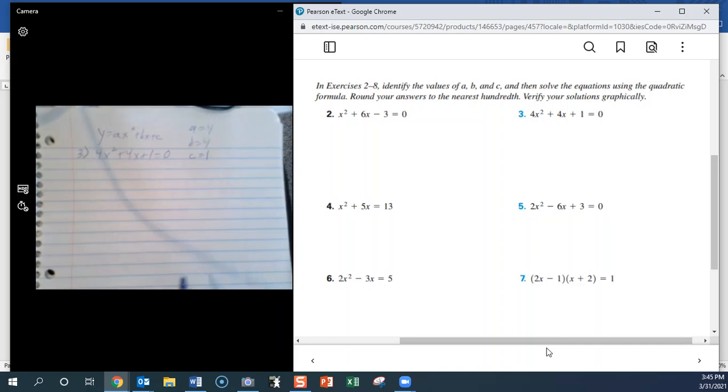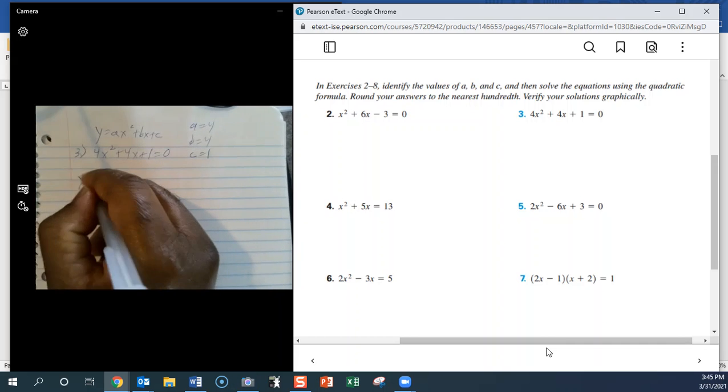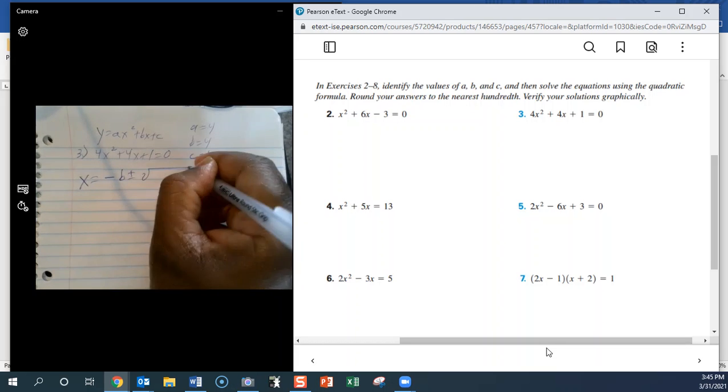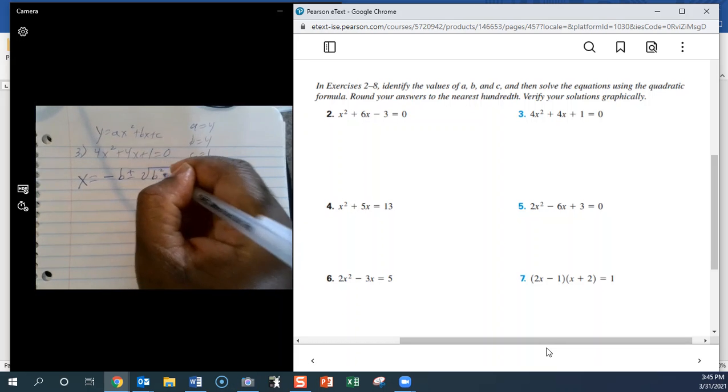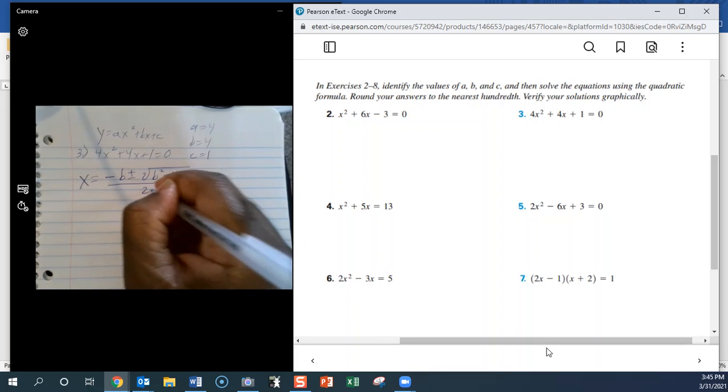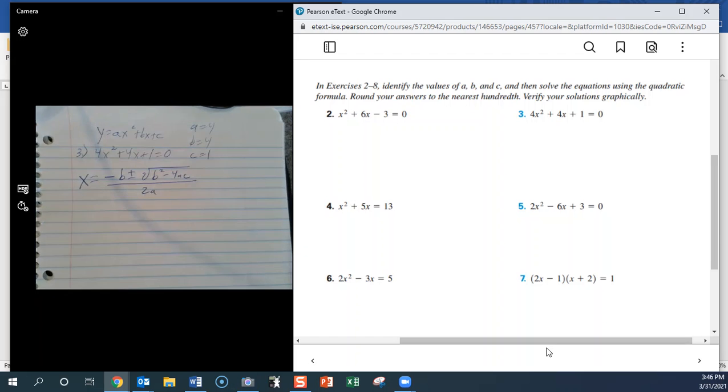Now the quadratic formula is x is equal to negative b plus or minus the square root of b squared minus 4ac, all divided by 2a. So now we're going to substitute.